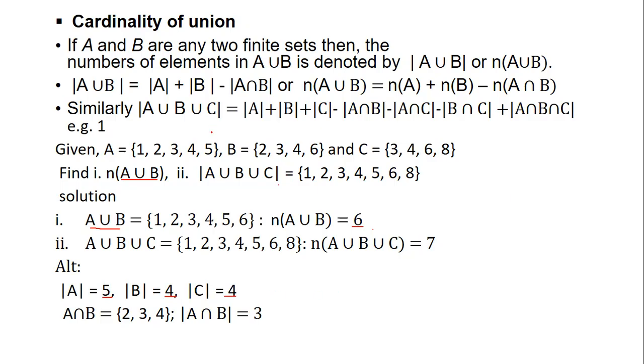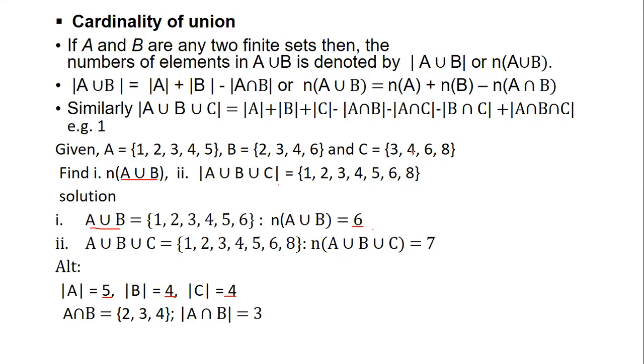Now let's see A intersection C. We have 3 and 4 here, and 3, 4 also here. So the set of A intersection C is 3 and 4. Hence, the cardinality is 2.